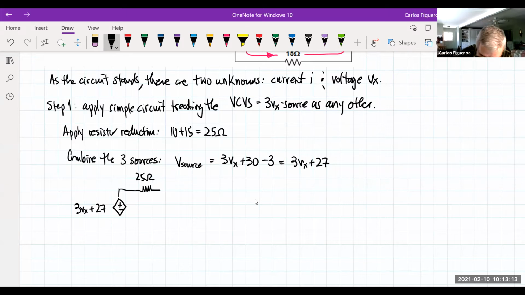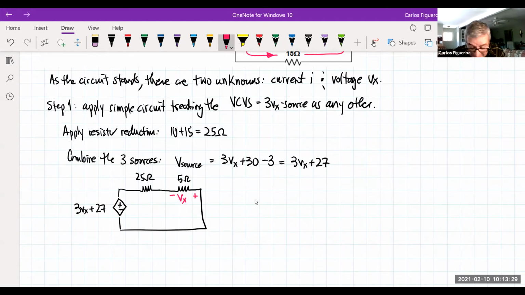And I have a second resistor, which is the 5 ohm resistor. And that's what my circuit is. Let me actually change the color of this, because of something else here.